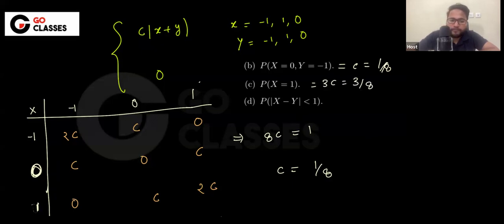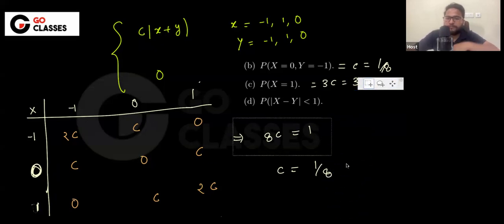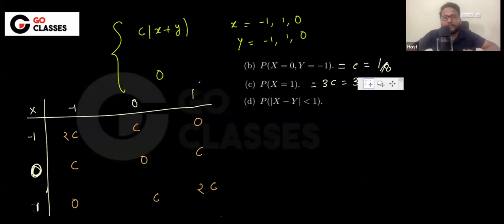What is the probability that the absolute value of x minus y is less than 1? Tell me, in which cases is |x minus y| less than 1? If you subtract, when both are equal, it is 0, and 0 is less than 1, so it satisfies the condition. What else? Let's suppose this is x and this row is y.